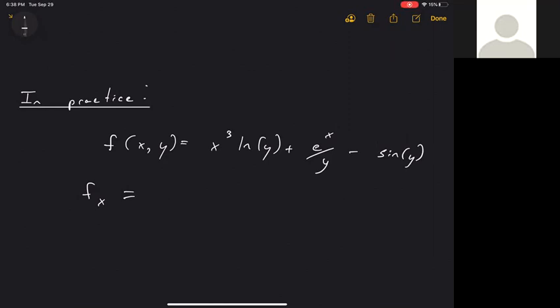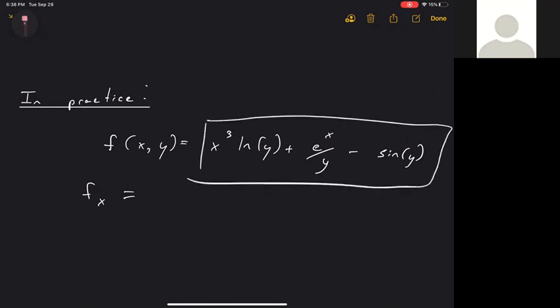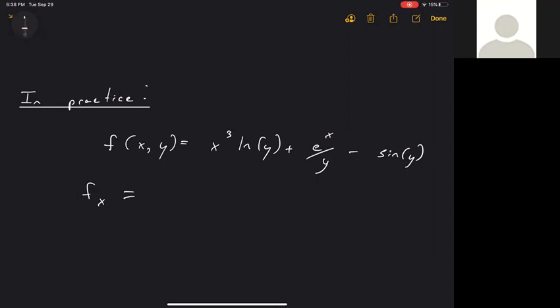So in this equation, let's pretend y is a constant, and differentiate each of these terms. I have x cubed times ln of y, and since y is a constant, I can think of ln of y as just a constant. So when you have x cubed times a constant, what's the derivative? 3x squared times that constant, ln of y.